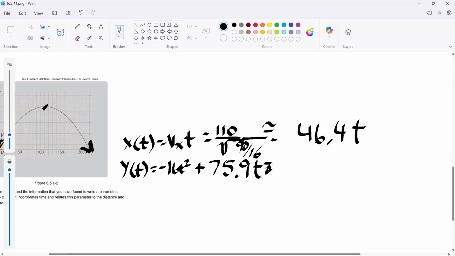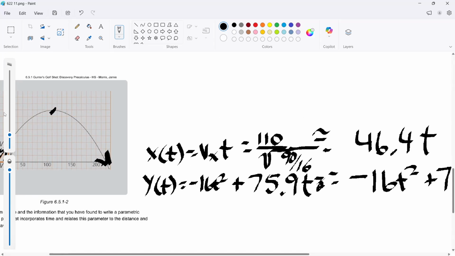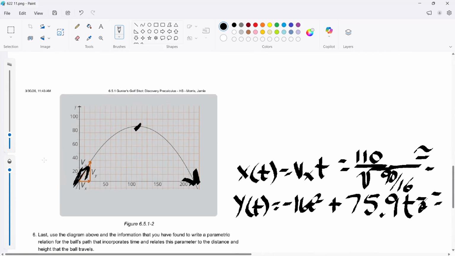And then y of t equals negative 16 t squared. That's the part that's taking away the velocity with the force of gravity, plus the initial velocity, 75.9 t. So that's the answer. Those are the parametric equations, and I've got all the other parts answered as well.